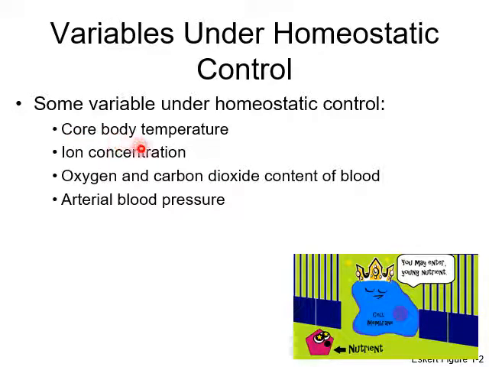It might drop a little bit, but you keep that core body temperature within a range. If not, you get disease, hypothermia. People die of hypothermia, and that's because their core body temperature is getting out of that homeostatic range. So we'll be spending a lot of the semester talking about how we keep the different variables in the body in homeostatic range.